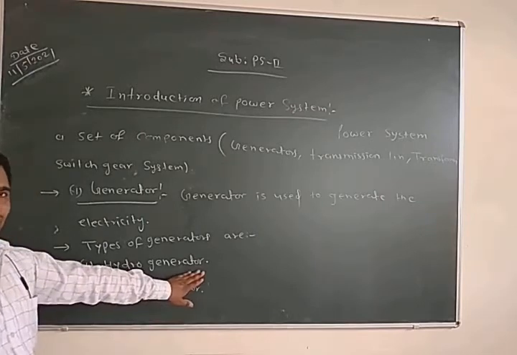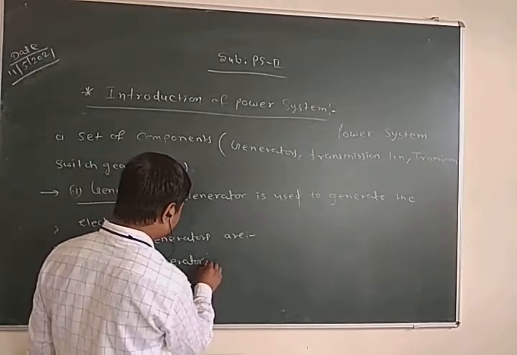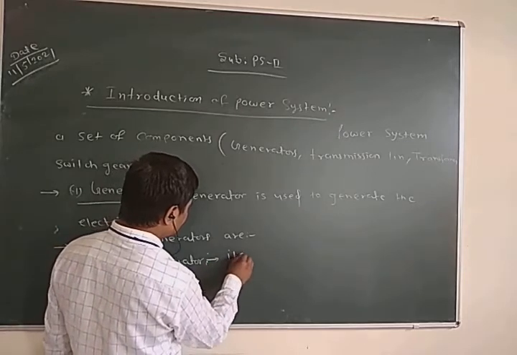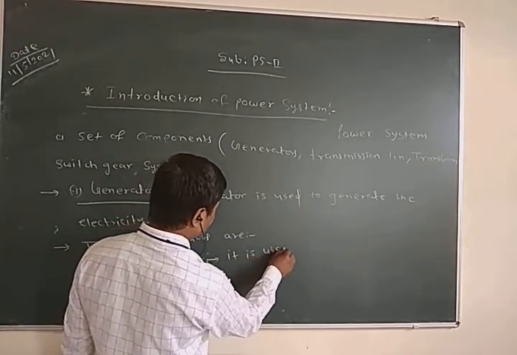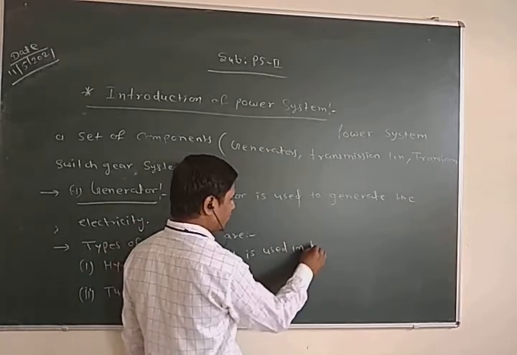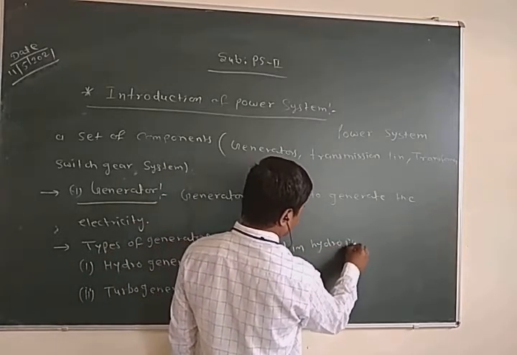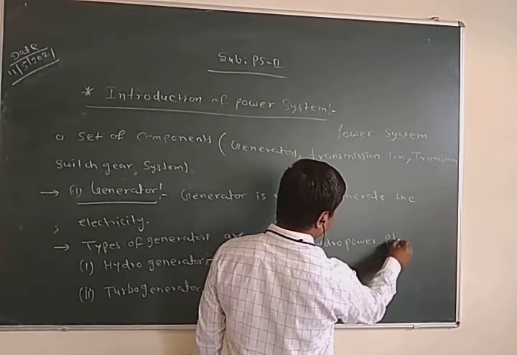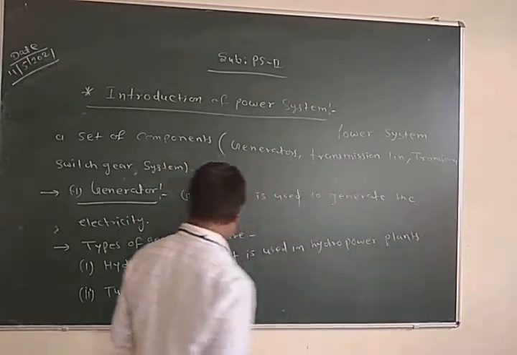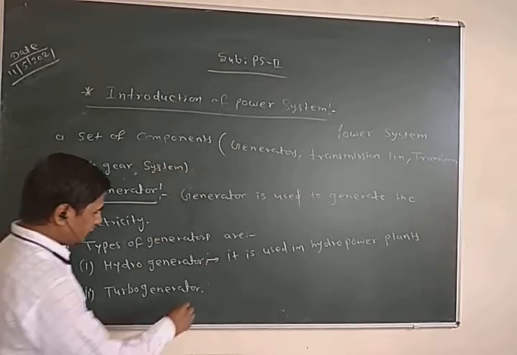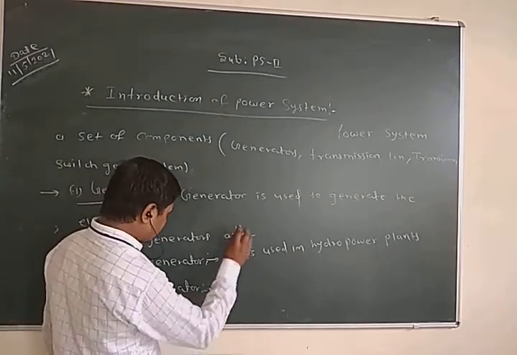Hydro generator is used in hydropower plants, and turbo generator is used in thermal power plants.